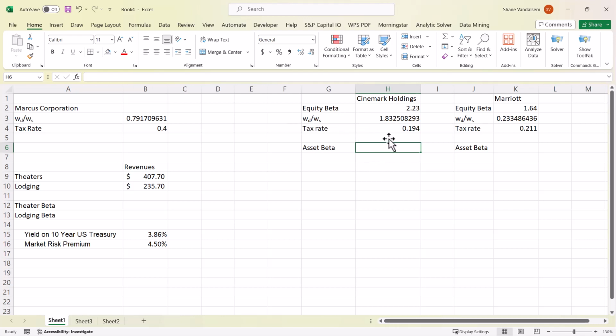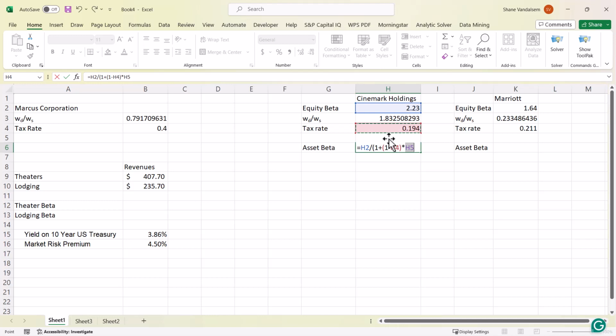So I'm going to use that Hamada equation and unlever the beta now. So here I'm going to take equals, and we start with the equity beta, and we're going to divide that by, and again, the parentheses are important here where you put those in, 1 plus, and then open parentheses, 1 minus the tax rate for Cinemark Holdings, multiplied by the weight of debt divided by the weight of equity, or 1.83, and then close parentheses there.